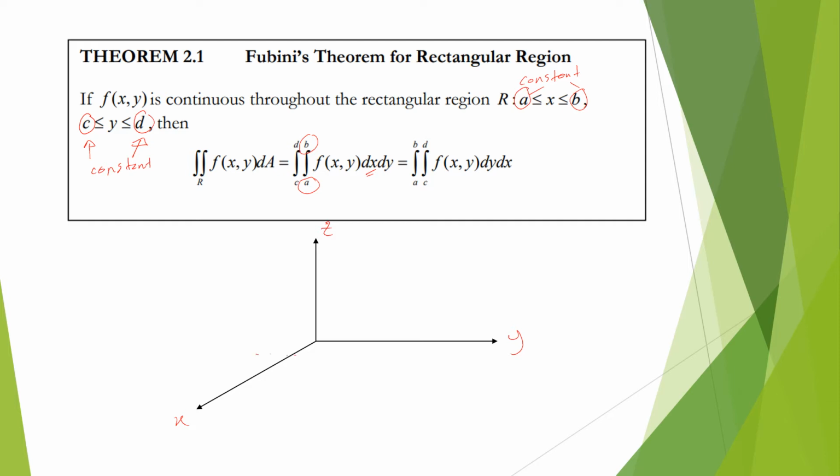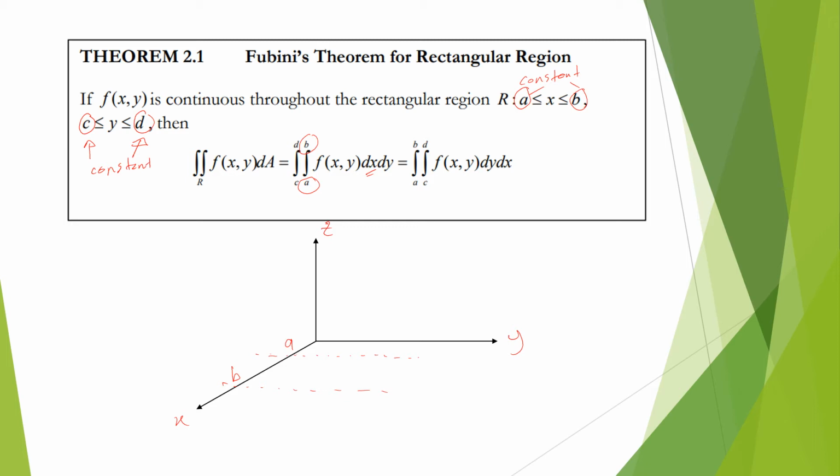Let's say here is a and here is b, with a less than b.